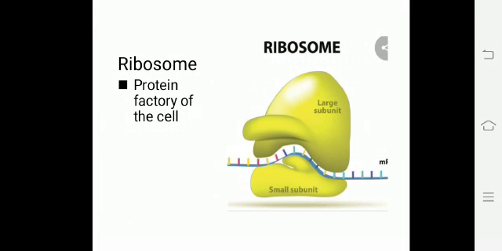Ribosomes help in the synthesis of proteins. That's why we can say ribosome is the protein factory of the cell. What is the work of protein? Protein is a body-building nutrient. So by using proteins, the cell membrane and the remaining membranes will be formed. Okay, this is about the ribosome.